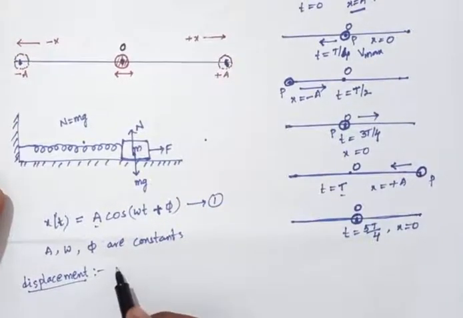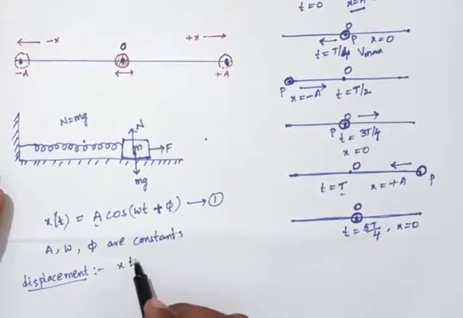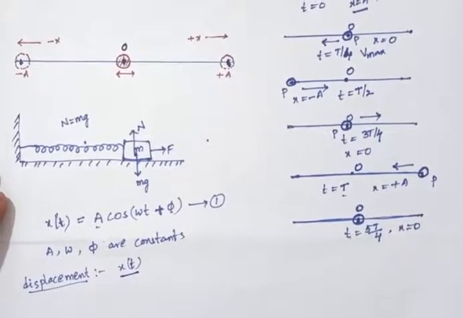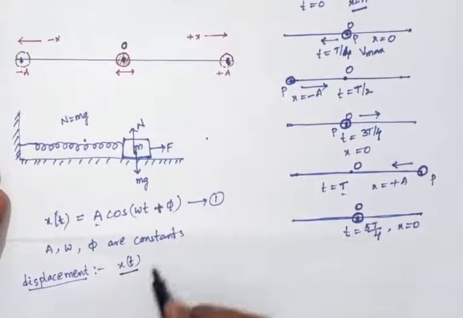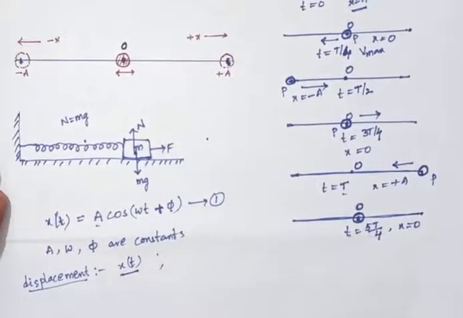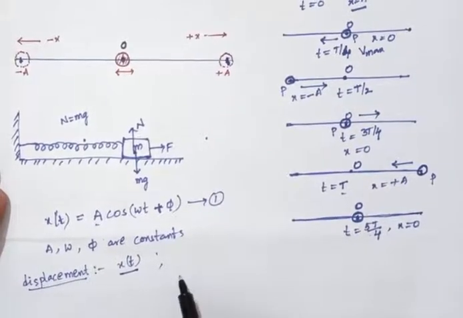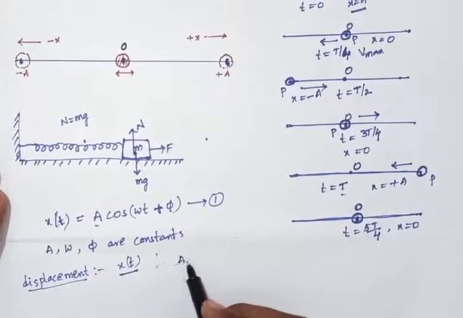So the displacement as a function of time is x of t. Again, for displacement, we can consider the second one, the amplitude.